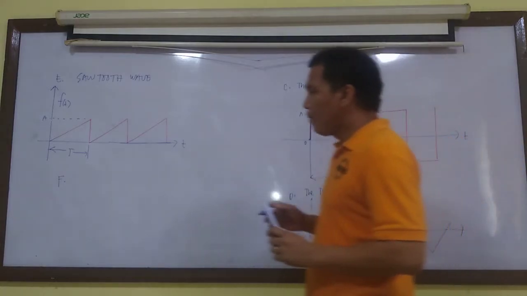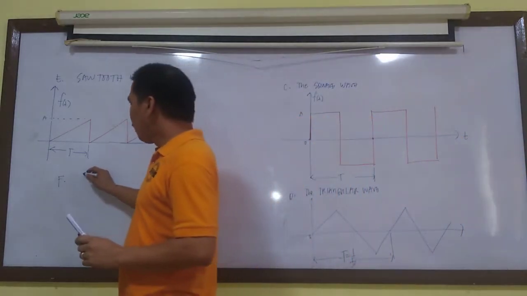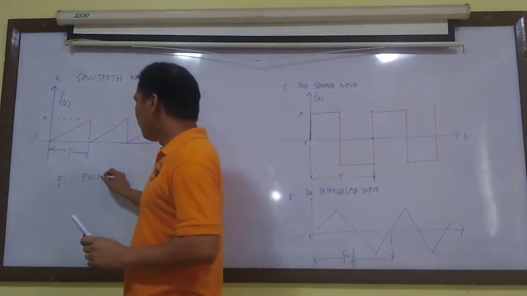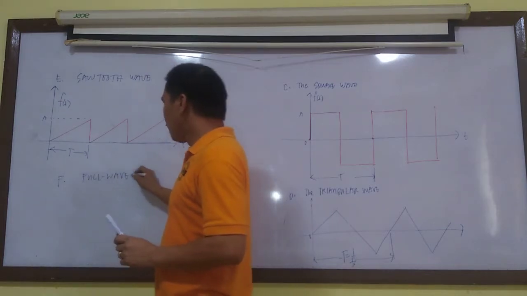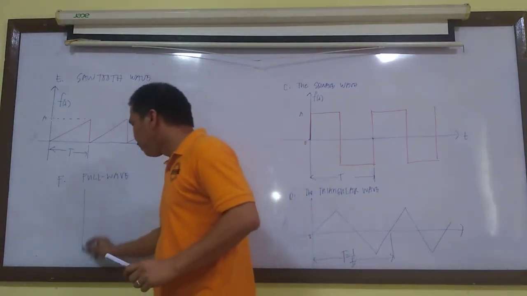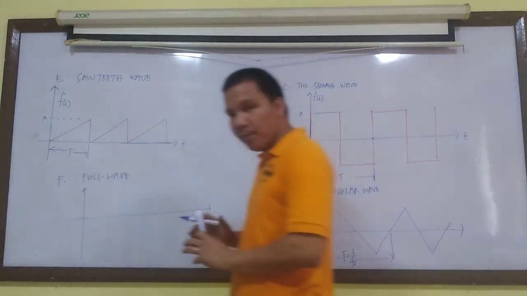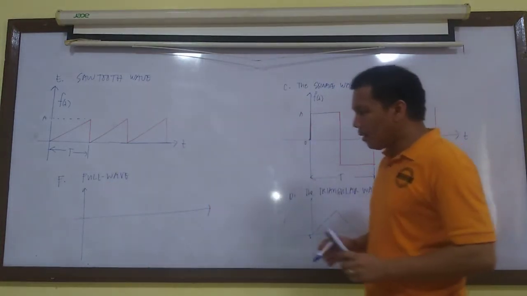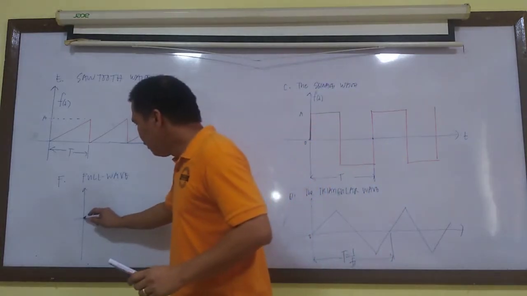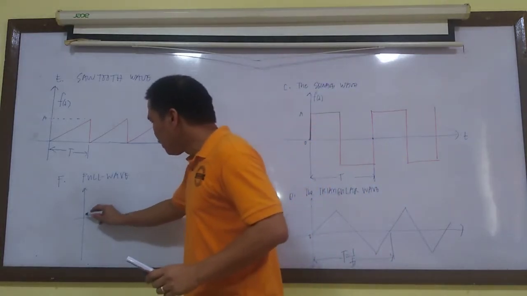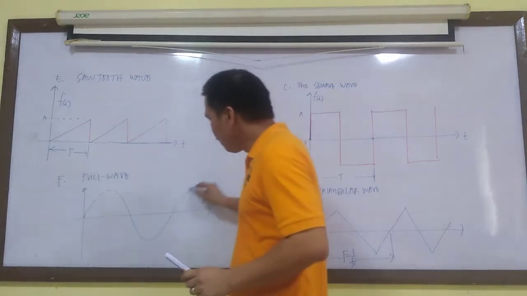Alright, now we also have the full wave. So when you say full wave, this is your full wave. This is actually your sine wave. Okay, this is your sine wave.